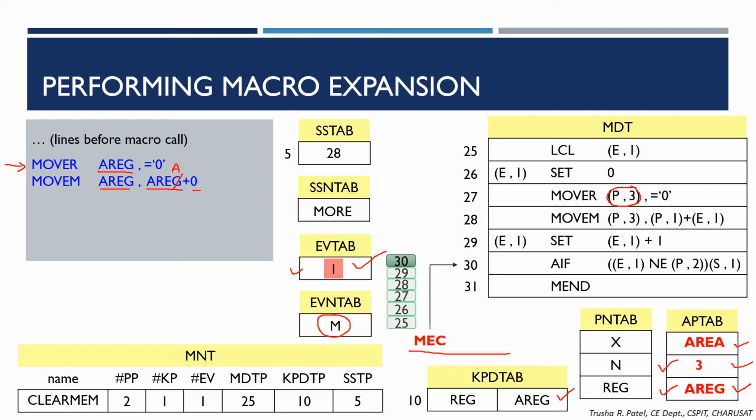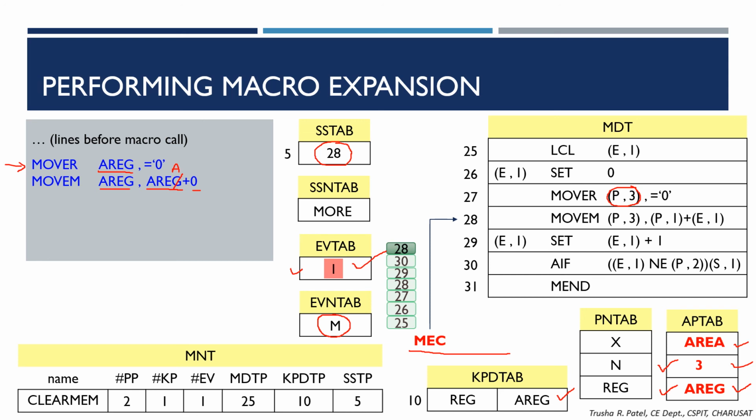So the condition is true, 1 is not equal to 3. In that case we have to go to sequencing symbol 1. Now here sequencing symbol 1 is available at memory location 28. That means MEC is pointing to the next memory location, that is 28 instead of 31.